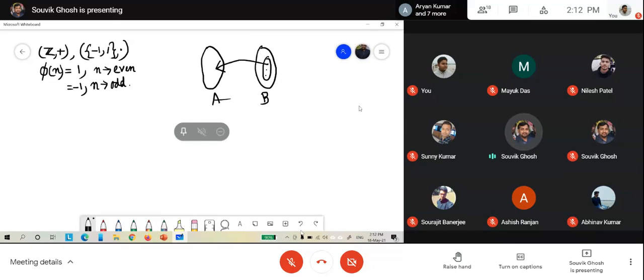We are defining this function from Z to this set. What are the elements in the range set? 1 and minus 1, sir. So then what is the pre-image of this 1 and minus 1? Are they unique? No, sir. So this is not an injection.